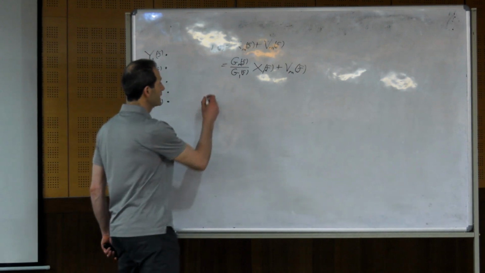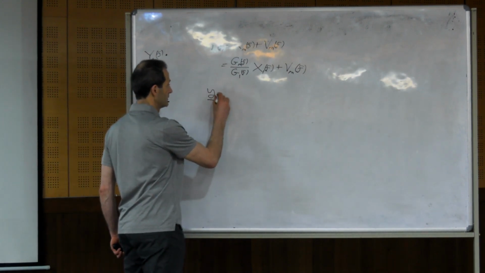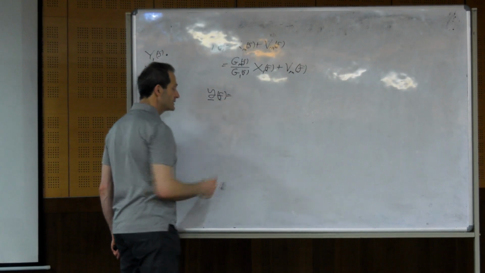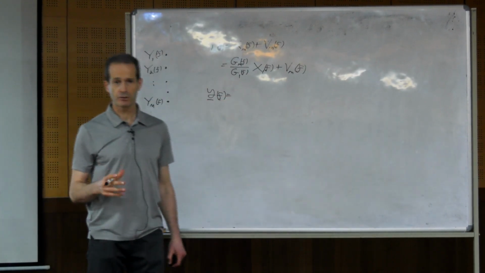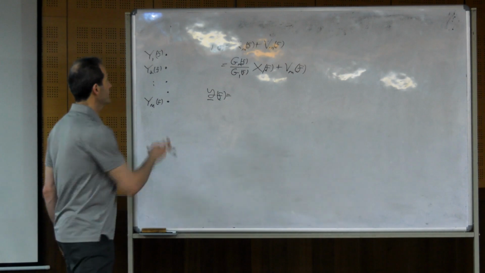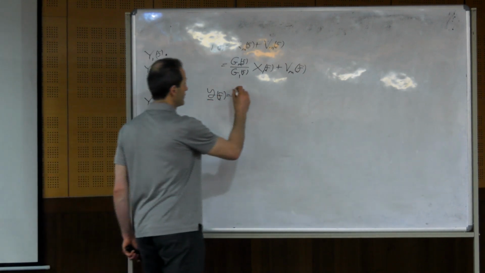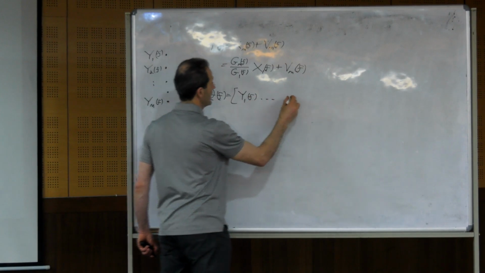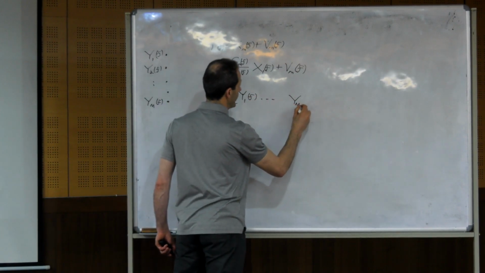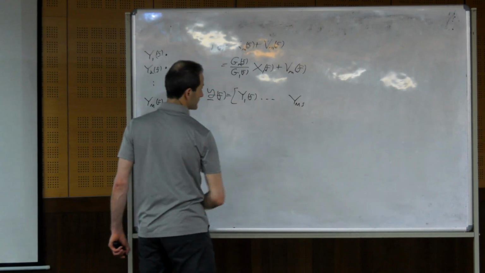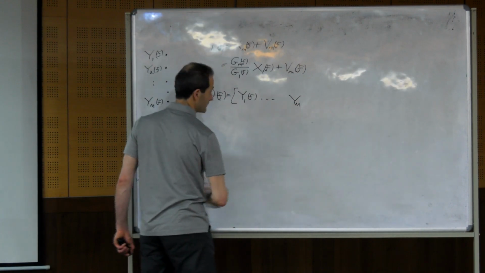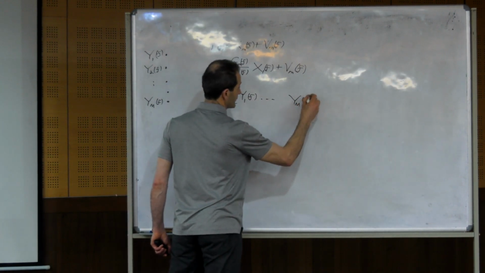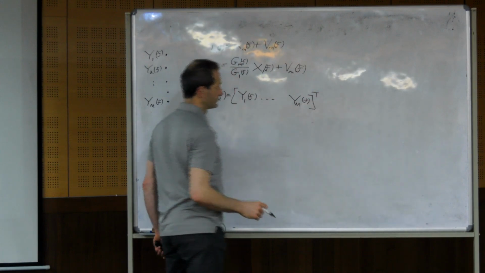And then we saw that we can define a vector. This vector contains the measurements from all the sensors. So we have Y1F up to YMF, transpose.